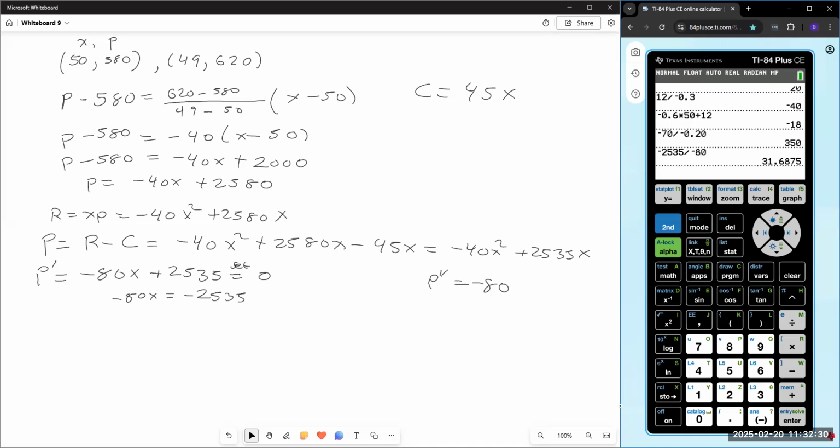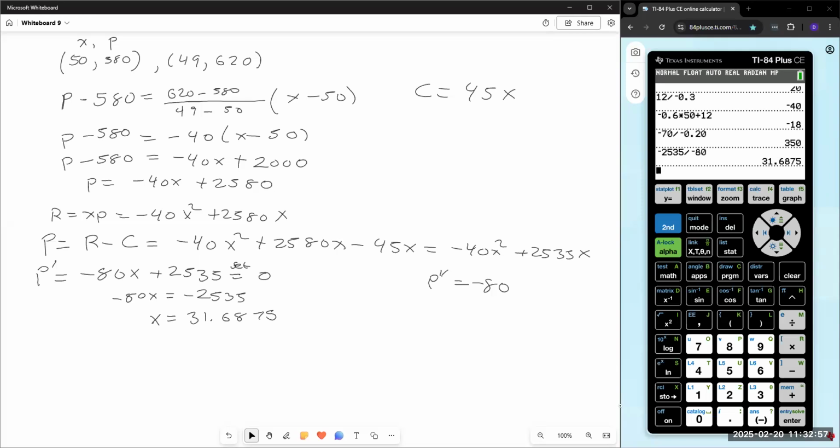So I get x is equal to 31.6875, and I can't sell a fraction of an apartment, right? I can't rent a fraction of an apartment, so I need to either rent 31 apartments or 32 apartments.